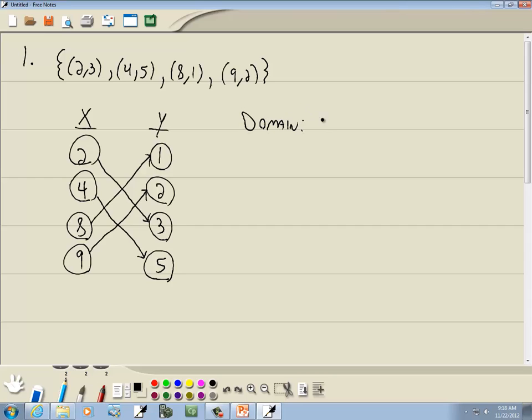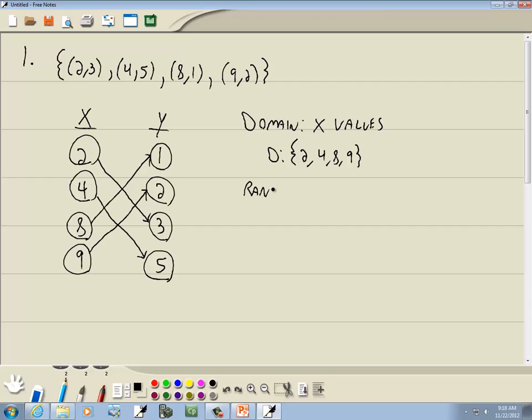Now domain is your x values. And we'll see it's a little bit more than that once we get the graphs and so forth. But your x values here would be just what we have listed. So I got 2, 4, 8, and 9.